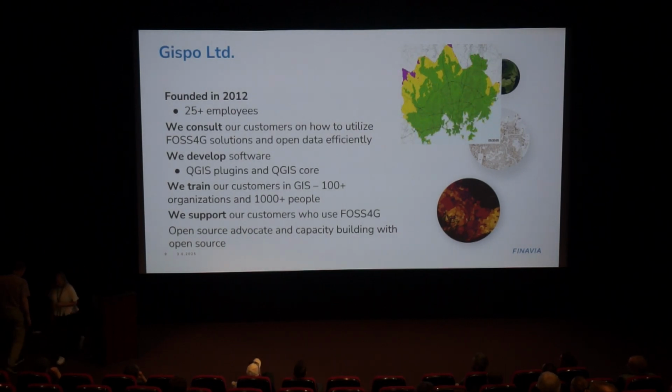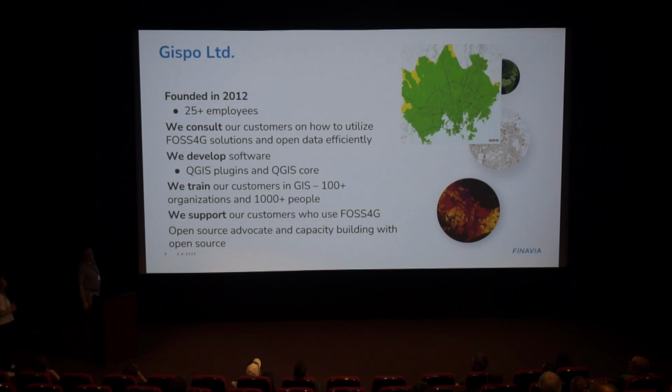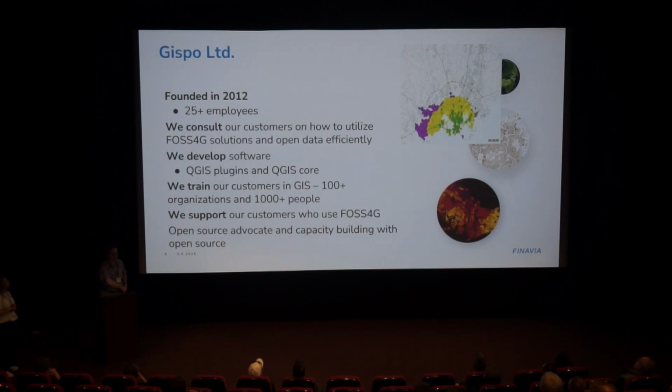Okay. So it has been a pleasure to work with Finavia for about 6 years, building different kinds of solutions to manage the GIS data. ISPO was founded in 2012, with 25 employees and offices in Sweden and Finland.